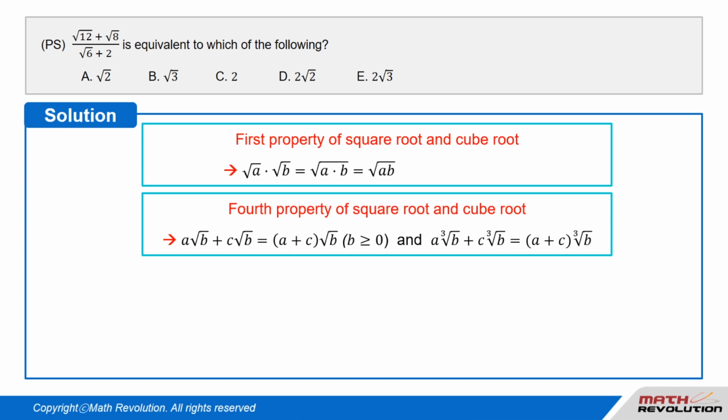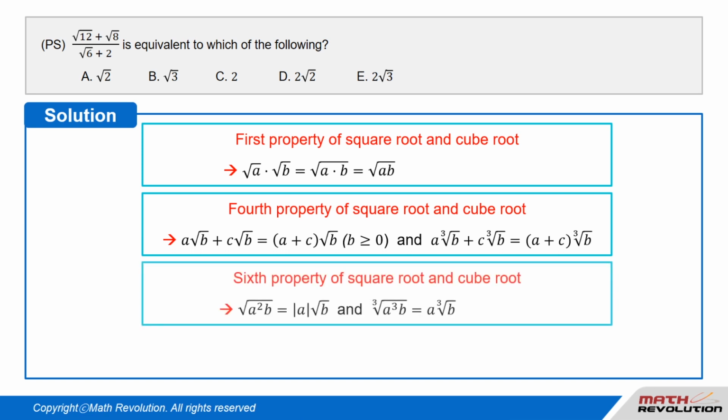So a times square root of b plus c times square root of b equals (a plus c) whole times square root of b, where b is greater than or equal to 0. Also, a times cube root of b plus c times cube root of b equals (a plus c) whole times cube root of b.